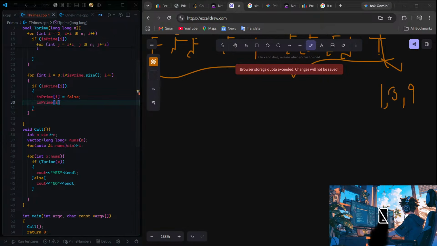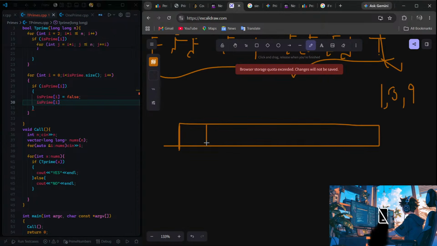Wait, so this is an array, right? 0, 1, 2, 3, 4, 5, 6, 7, 8, 9, and 10. Initially this is false.